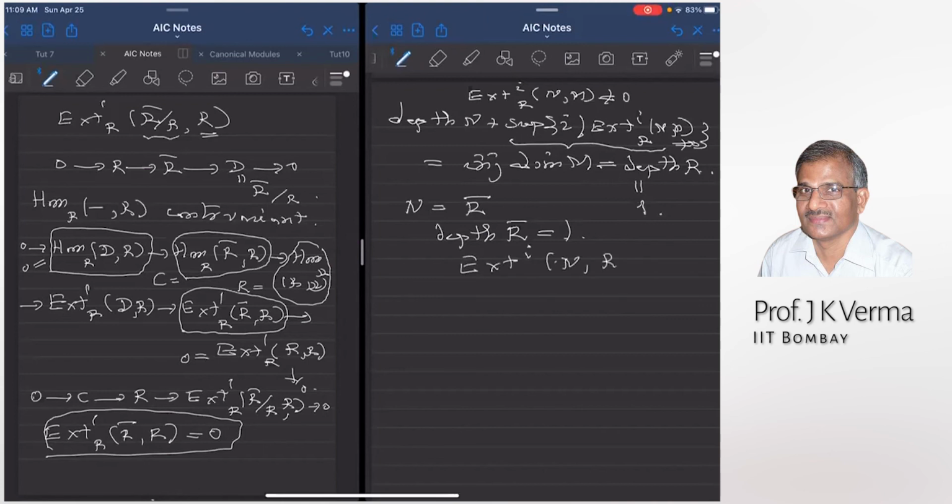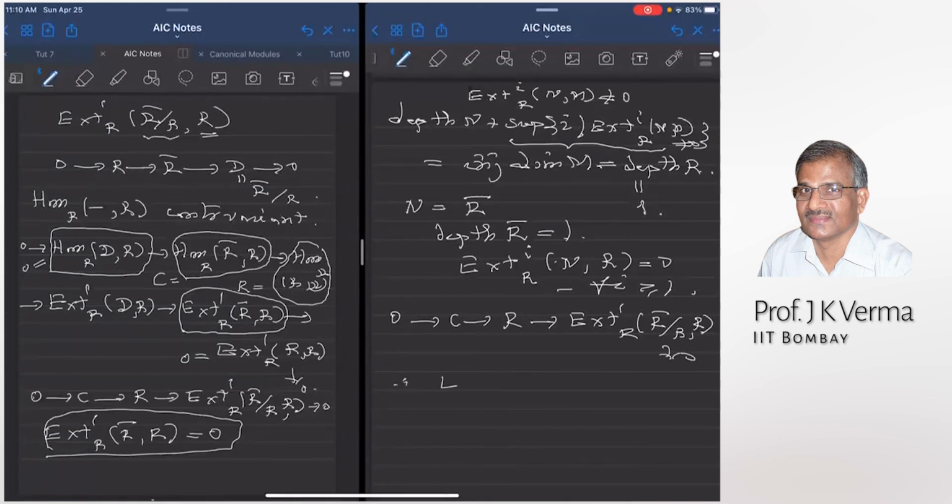Whenever I take a one-dimensional Gorenstein local ring, then it will say that for all finite R modules, this is 0 for all i bigger than or equal to 1. So that gives me this exact sequence: 0 to C to R to Ext^1(R bar over R, R) to 0.